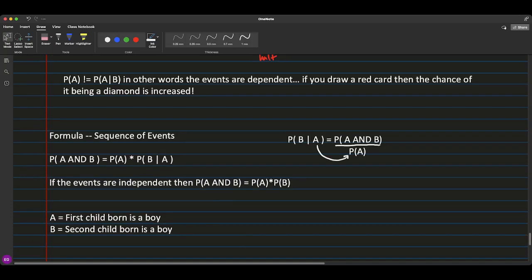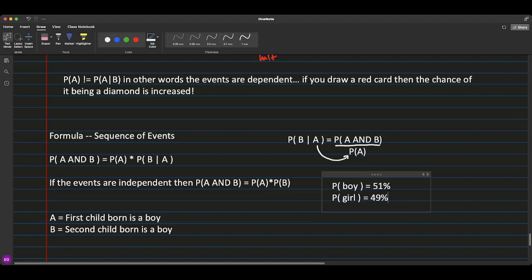Now we need to know, what's the probability that a boy is born? Interestingly enough, the chance that a boy is born is about 51%, and the chance that a girl is born is about 49%.